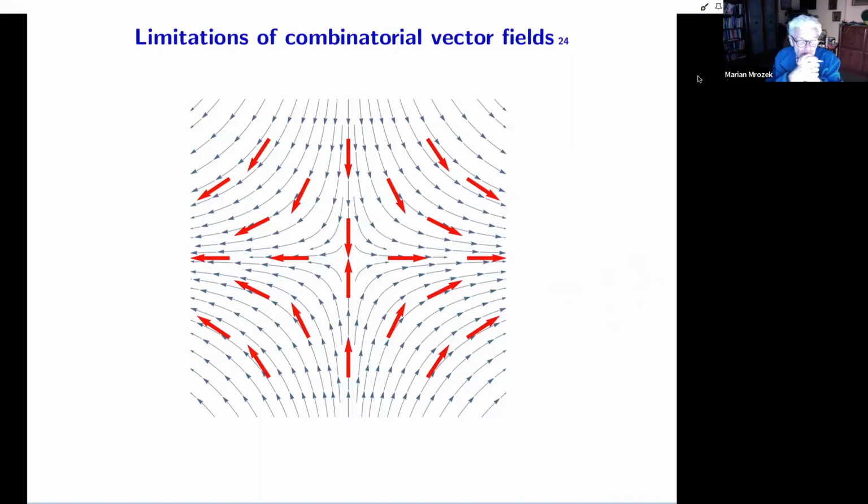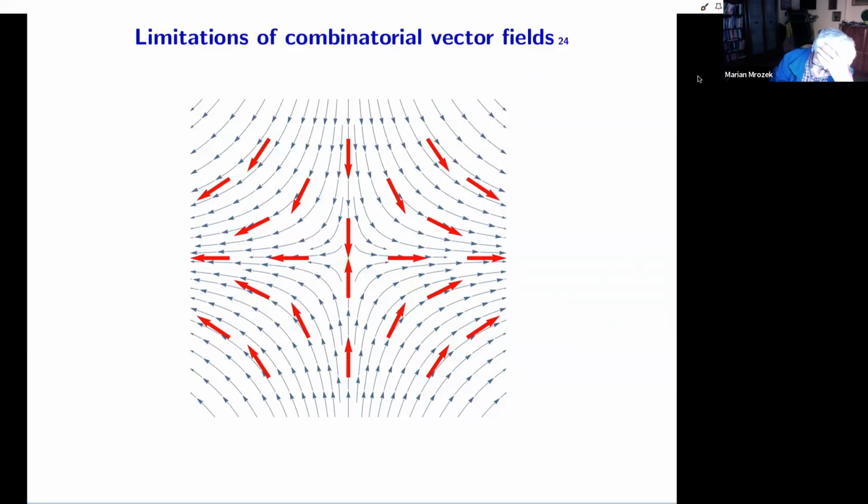He was not very deeply interested in dynamics itself. But when you think about modeling classical dynamics with these combinatorial tools, you immediately see that the tool may not be sufficient. Think about this classical saddle flow around this fixed point here.